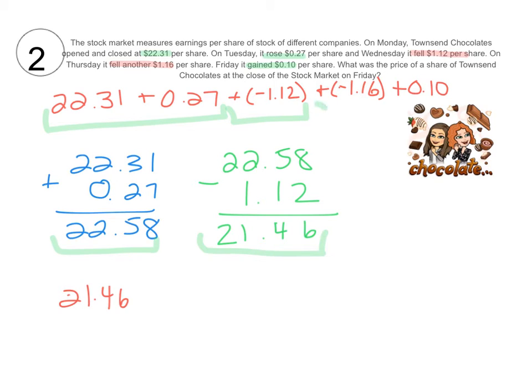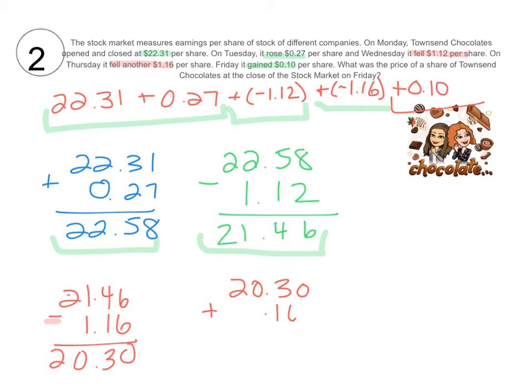So here we're going to then add another negative, which is the same as, again, subtracting. So we are going to subtract $1.16, which would give us 6 and 6 is 0, 4 and 1 is 3, 1 and 1 is 0, and then 2. So 20.30. Now that we've got 20.30, we are going to add that last little bit, which is our 10 cents. So $20.30 plus our 10 cents would give us $20.40.